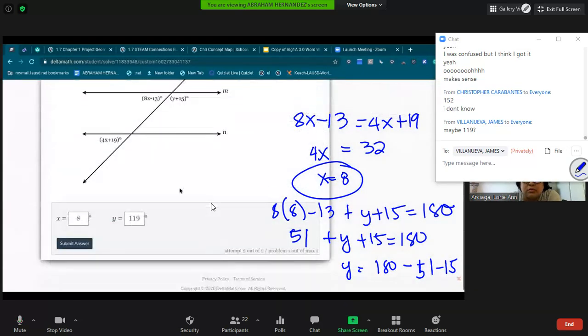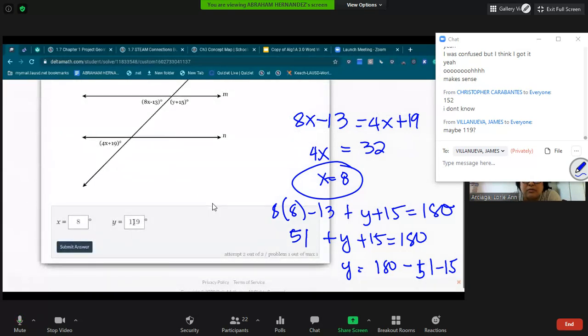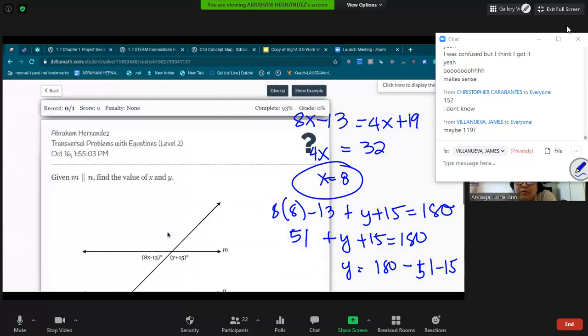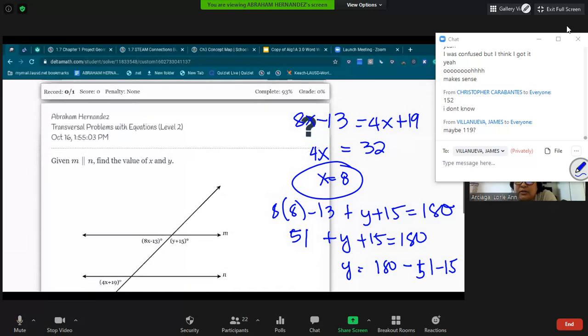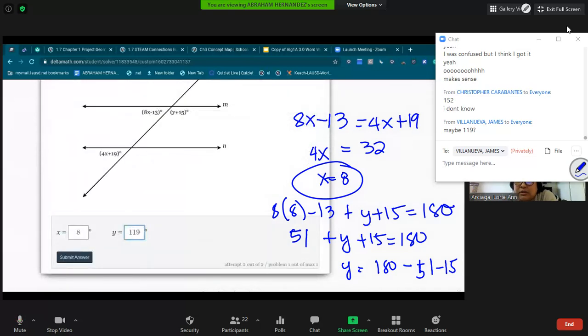Oh, did we solve anything wrong? No, you fixed that. Okay. 4x. Okay, what did we subtract wrong? 19 plus 13 is 32, right? So 32 divided by 4 is 8.